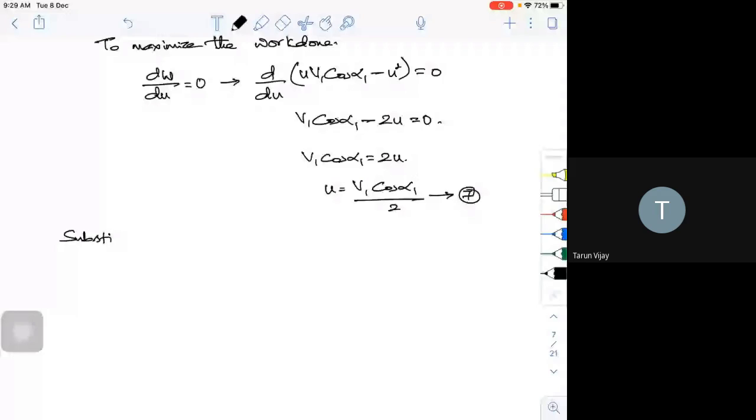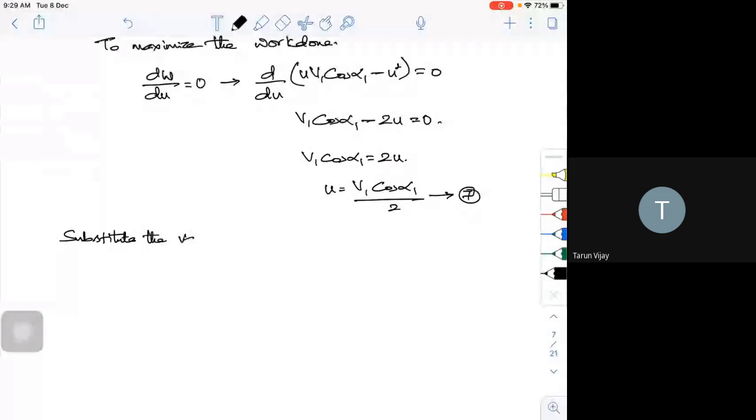So substitute the value of u in equation 6. If I do that, what do I get? W max is equal to, wherever u is there, u is equal to v1 cos alpha 1 by 2.